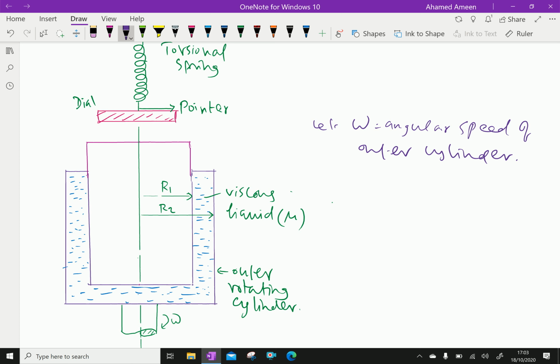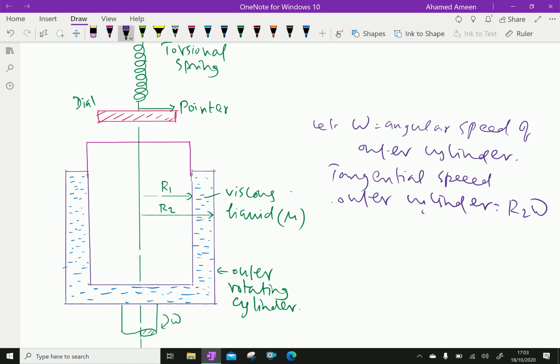Therefore, the torque applied... the tangential speed of the outer cylinder equals R2 omega.